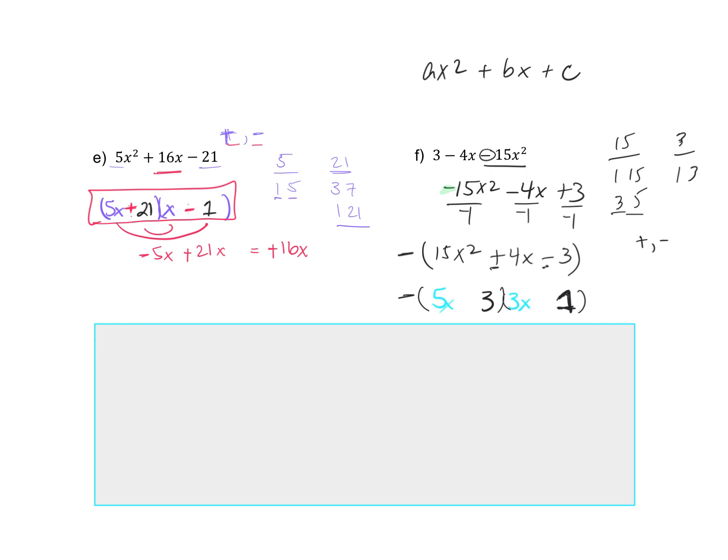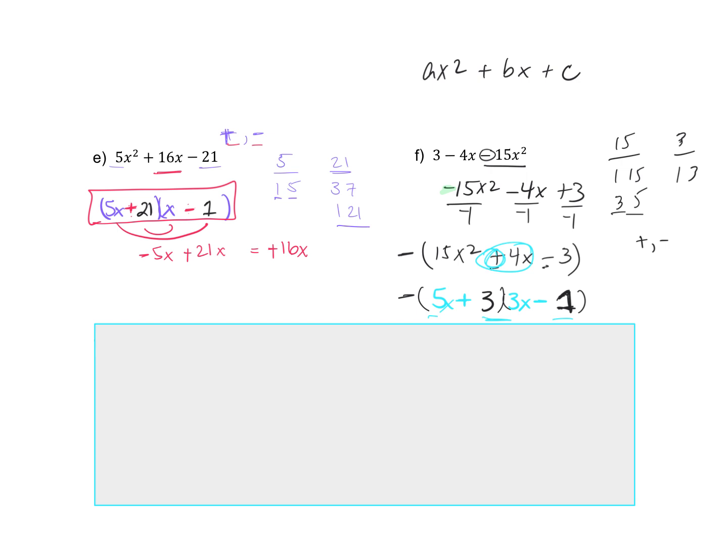Now I have to determine which one is which sign. This middle term is a positive 4x, so the bigger number that I get when I multiply has to be positive. I see that 3 times 3 is going to give me a 9, and the 5 times 1 will give me a 5 if I do outer and inside. So I'm going to make this a positive 3 here and a minus 1.